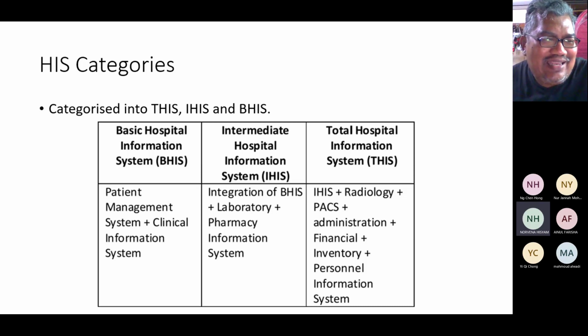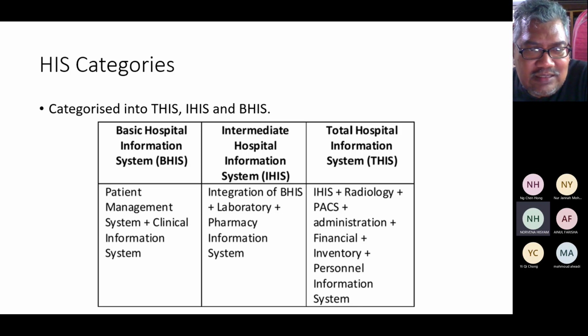All right. Okay. So this THIS is, they say they have basic, which is BHIS, intermediate, which is IHIS, and they have total, which is THIS. I still remember they claim that the THIS they have in Selayang is better than what is being implemented in USA.